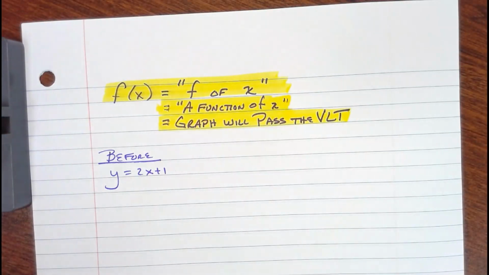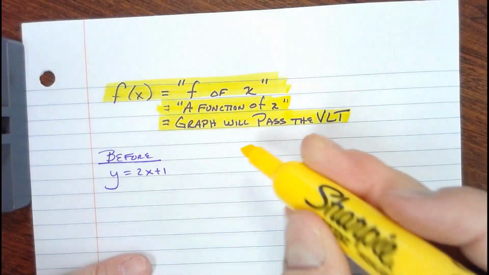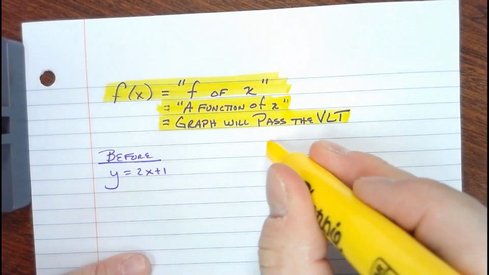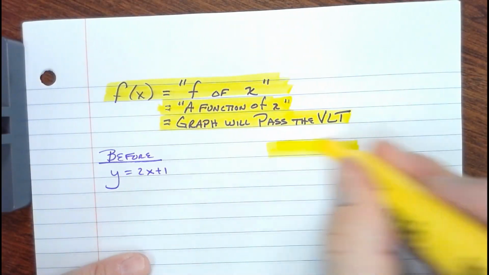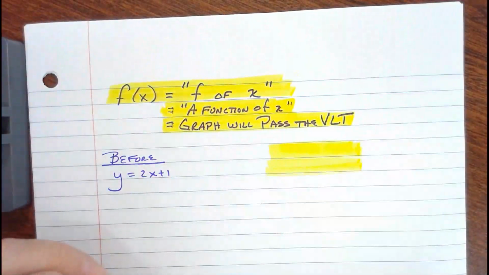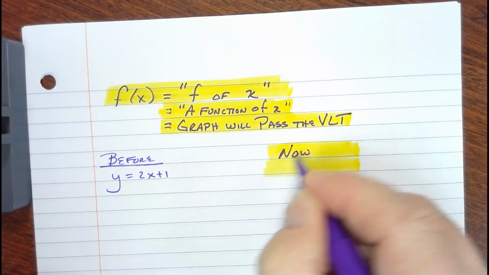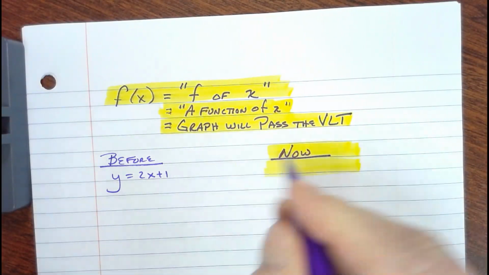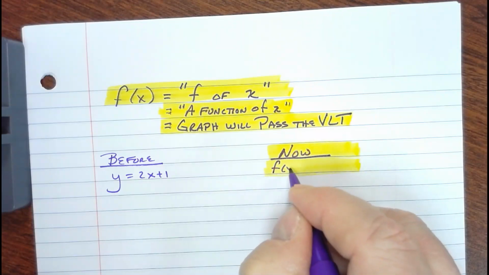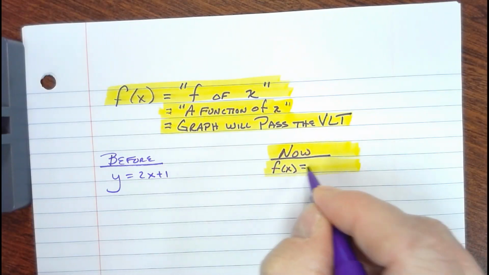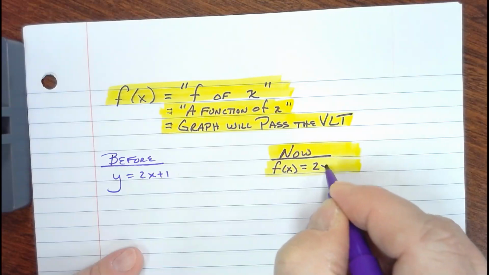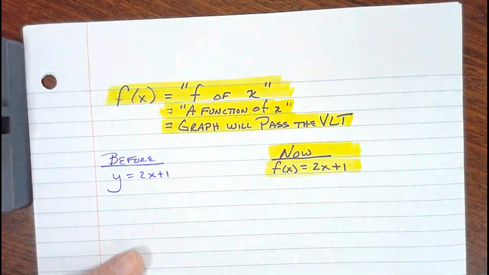Before we would write y equals 2x plus 1. Now, because I know this is a line that's not a vertical line, I will write f of x equals 2x plus 1.